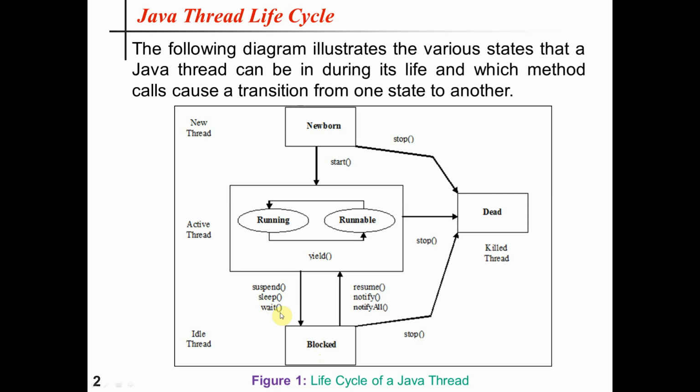The thread remains in waiting state until some other thread invokes the notify or the notifyAll method of this object. Then its waiting will be over. The current thread must own this object's monitor for calling wait.